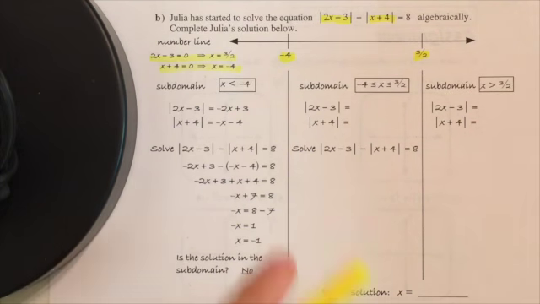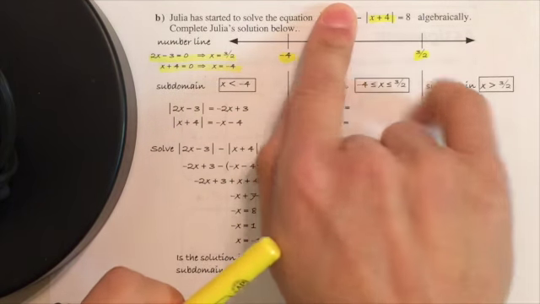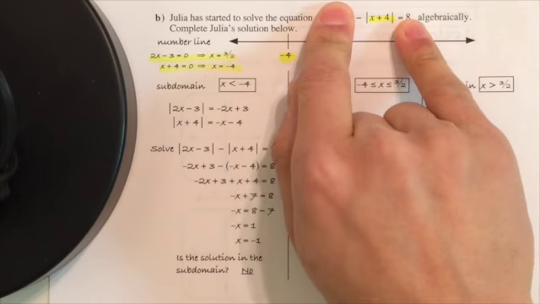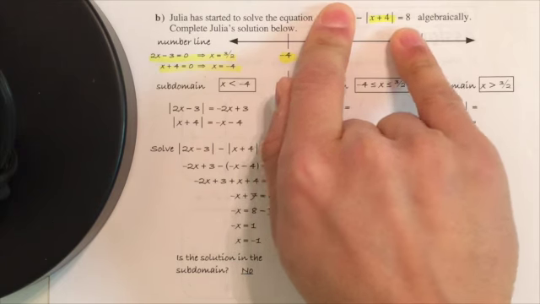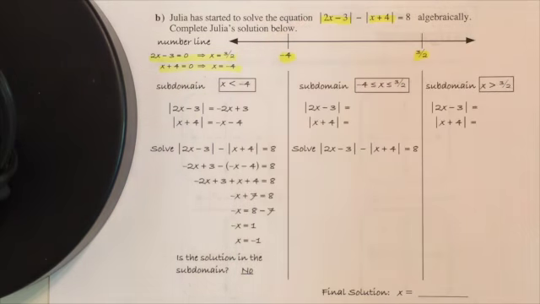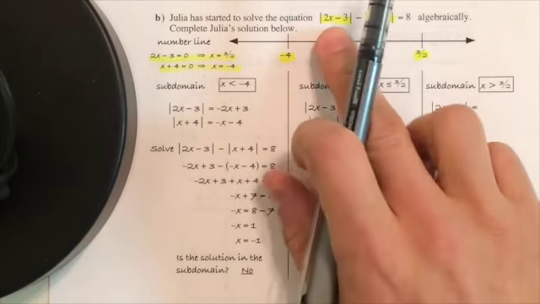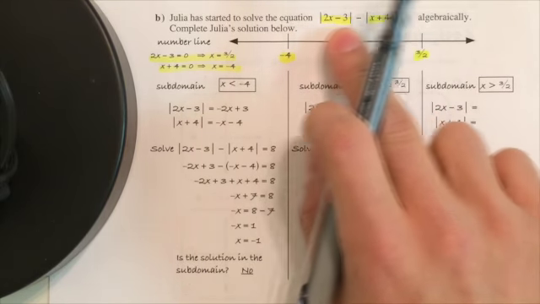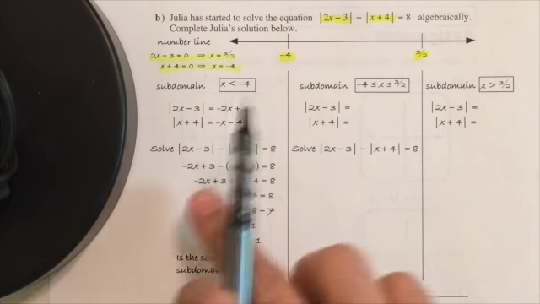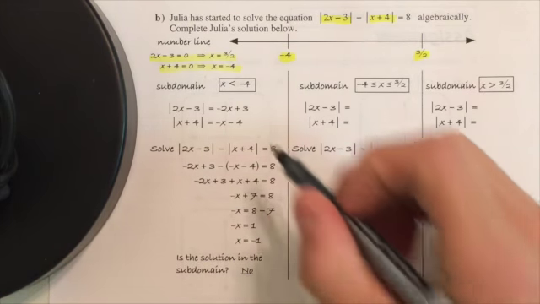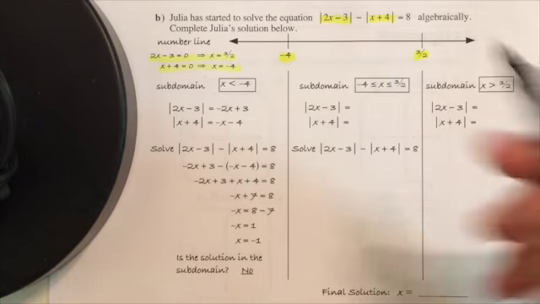And so when we were working with only one absolute value equation, we had to figure out algebraically what the solutions were if we had a positive or a negative equation. And so we're going to have to do that again, but this time, remember, because we're working with two absolute value equations, we're going to have to do it three times for each one. Now I'll show you what I mean.